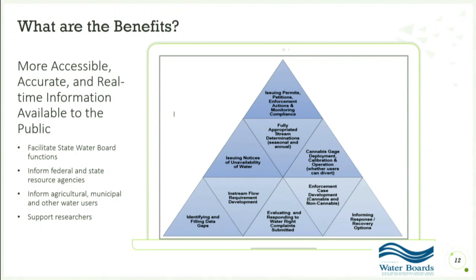It'll help you, the water users, agricultural, municipal, and other water users, in planning your water supply and your water use. And it'll provide useful data to researchers, which helps us eventually as we understand more about how water is used in the state and how it affects everyone, society, and the environment.